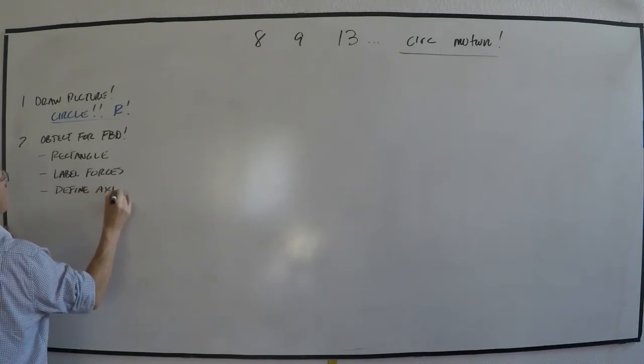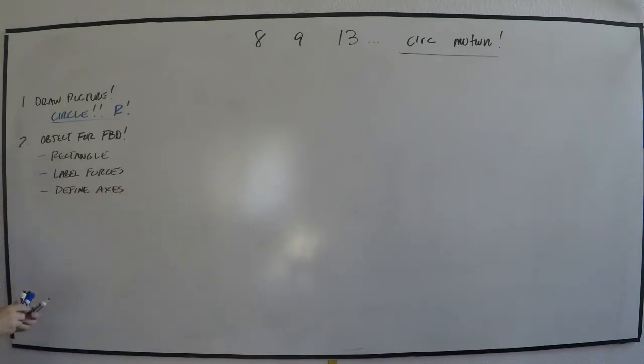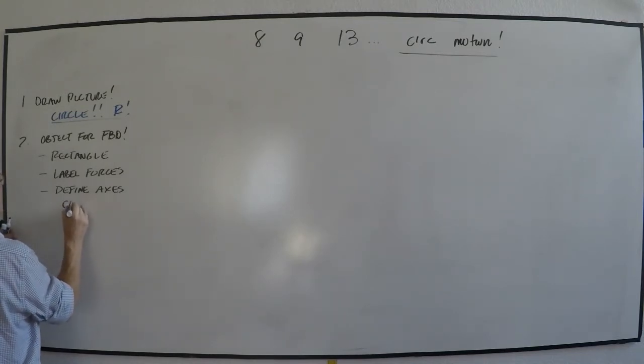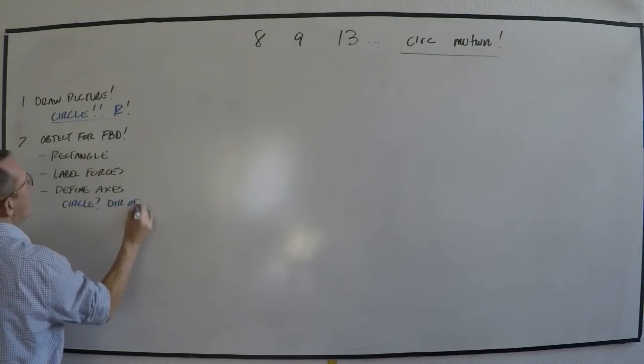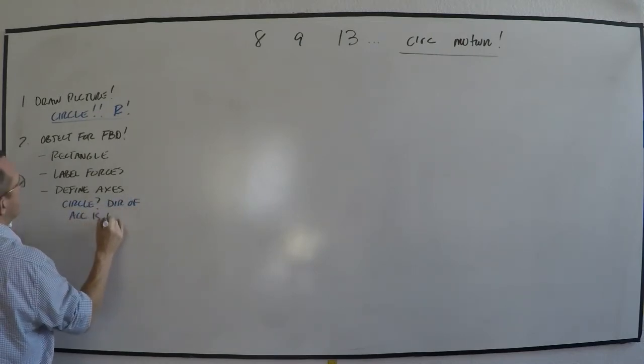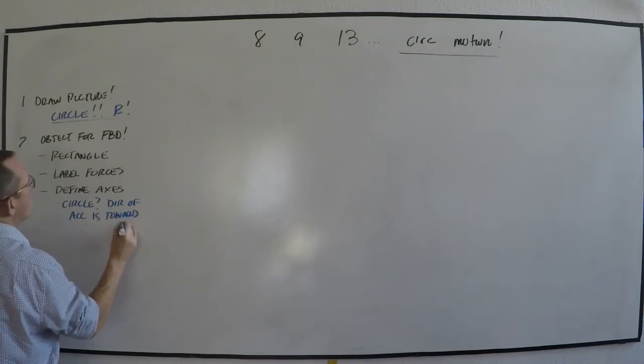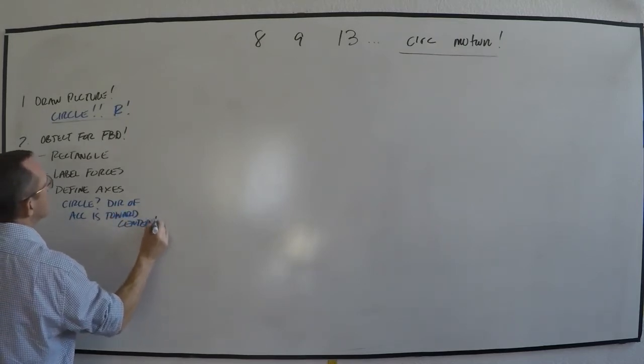And remember, our one rule for axes is one axis must point in the direction of acceleration. And so for circular motion, the direction of acceleration is, remember, toward the center.